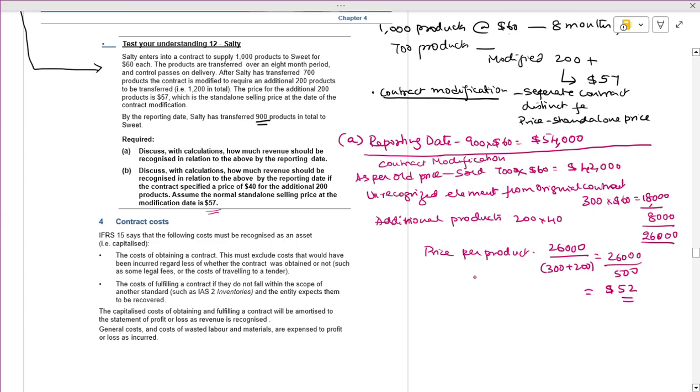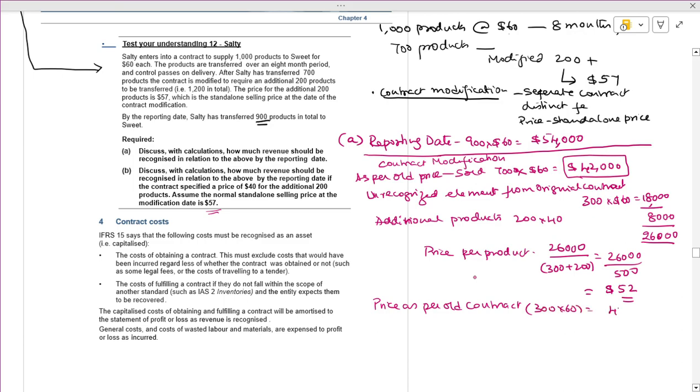Now, how much are they going to recognize with respect to revenue? The older version is 42,000, the price as per the old contract, 300 times 60.